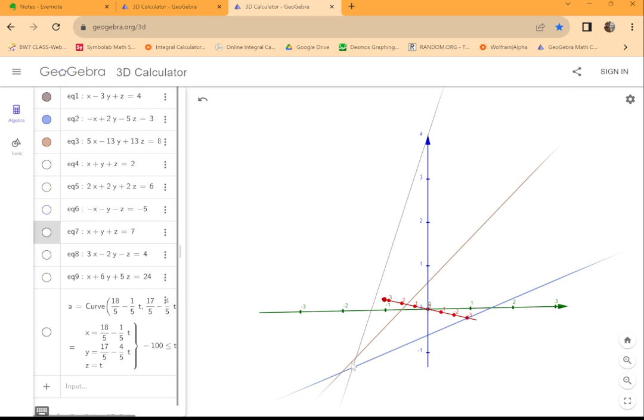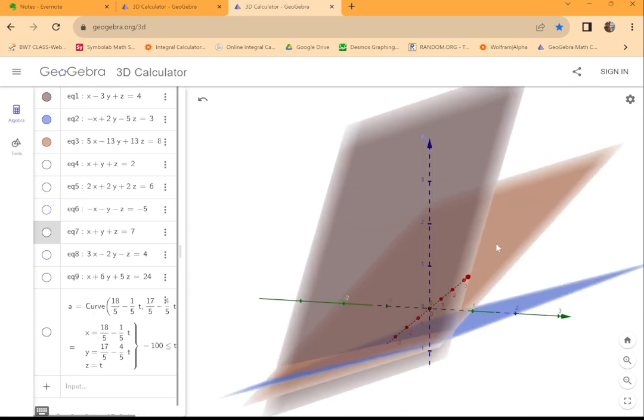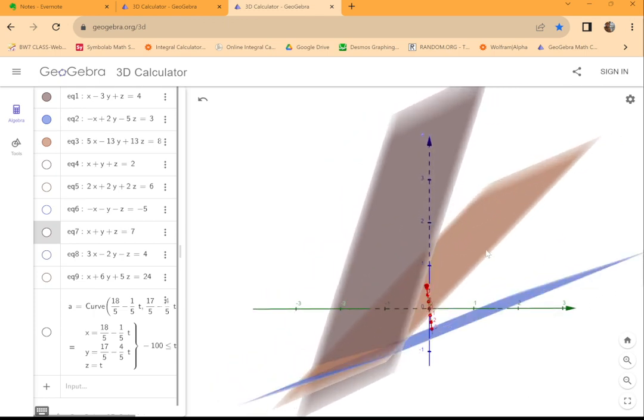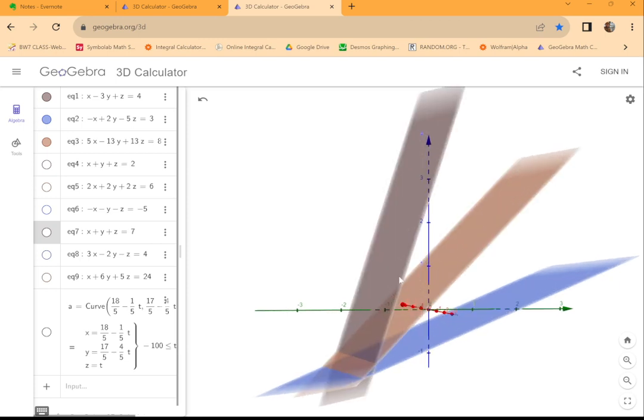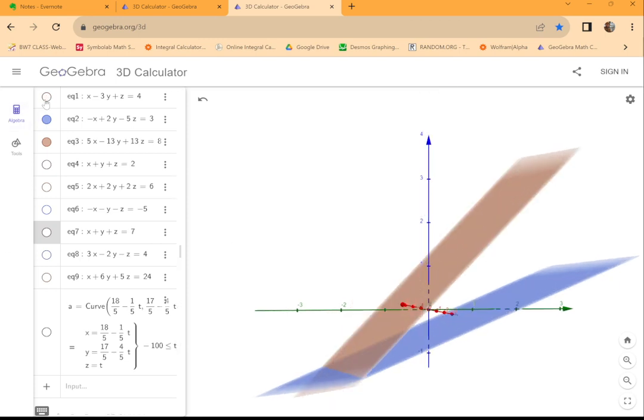In order to have a solution, all three of them need to intersect, like they did in the previous one at that one specific point. So here's an example of an inconsistent system where two of them at a time intersect, but not the three as a whole.